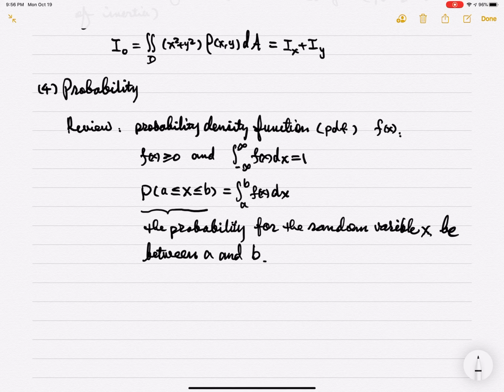That means the value of the random variable x is between a and b.